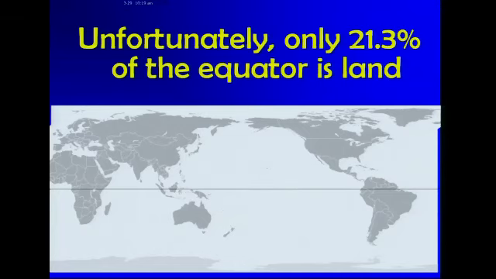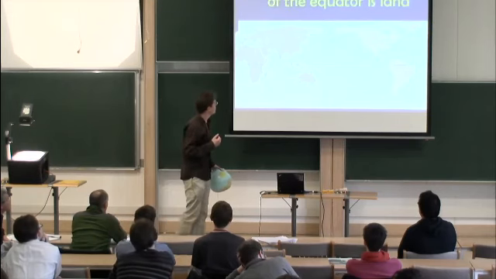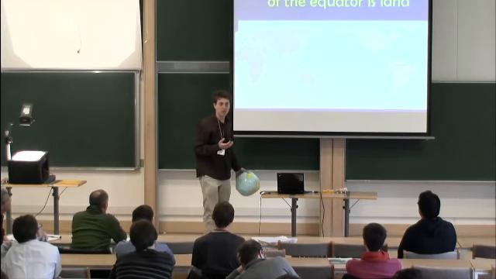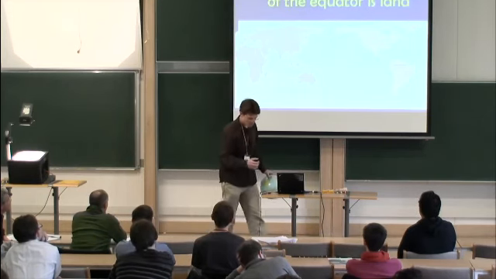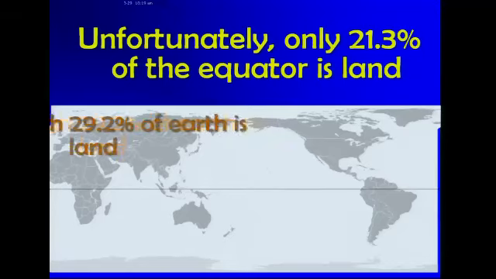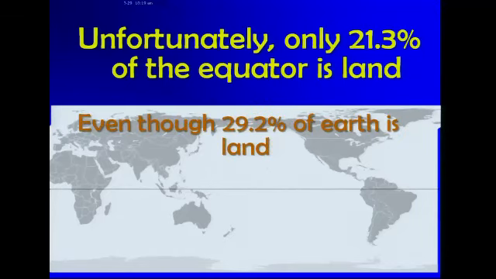The rest is sea. You might say, sure, so what? But I claim this is quite unfair, because 29.9% of Earth is land. So we lose almost a third of the land here. We have 29% of land on Earth, but only 21% of it is on the equator. This really is not fair, right? This shouldn't be the case.